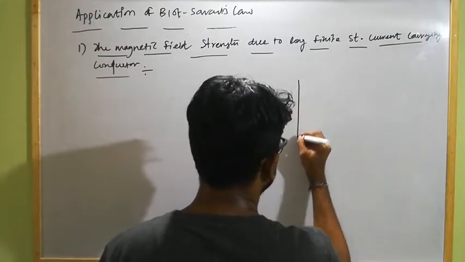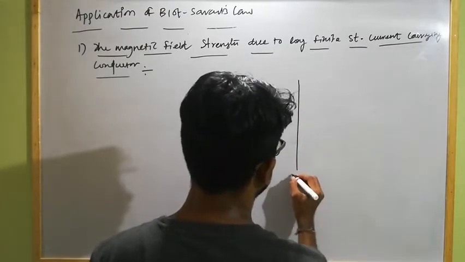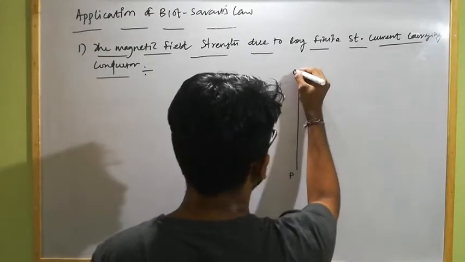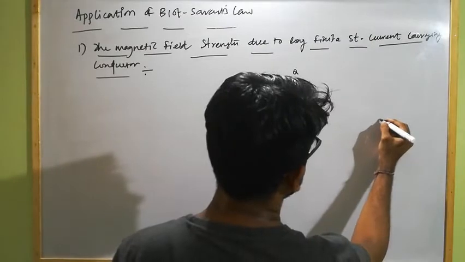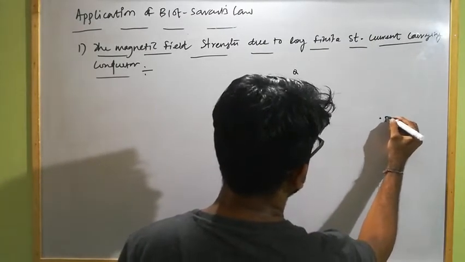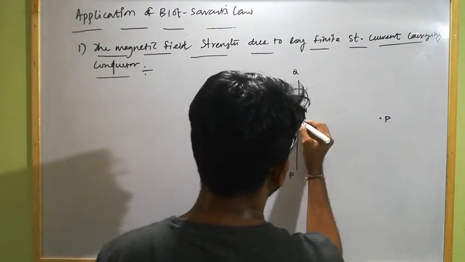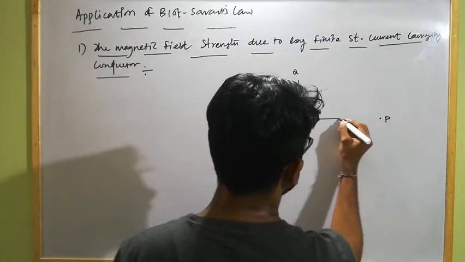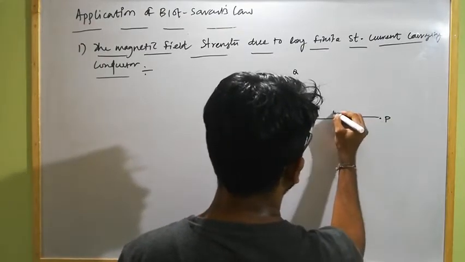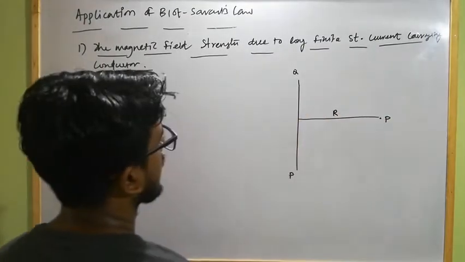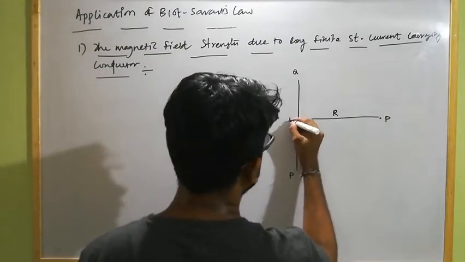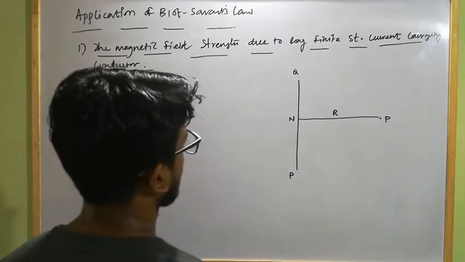Let this be the current carrying conductor PQ, and here is a point of observation P, which is at a perpendicular distance r from this current carrying conductor. Let this point be N. Clear?